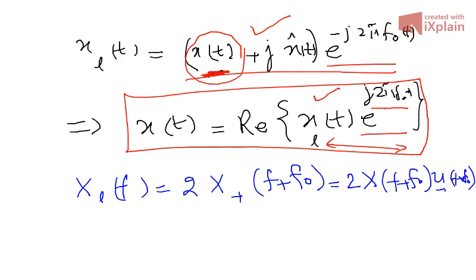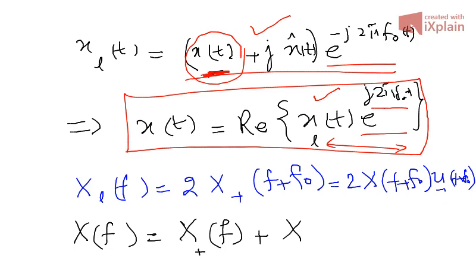So from this equation, we can write an expression for our X(f), along with another expression as well, because we said that X(f) can be written as X positive of f and the conjugate of minus f, the mirror image and the conjugate. So we can write our X(f) from these two.